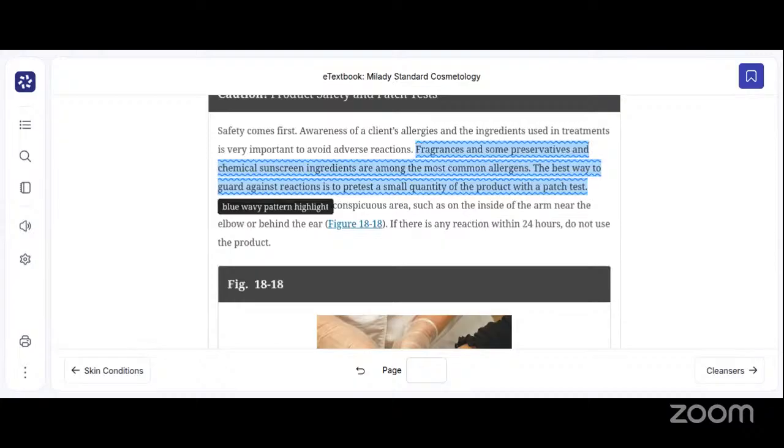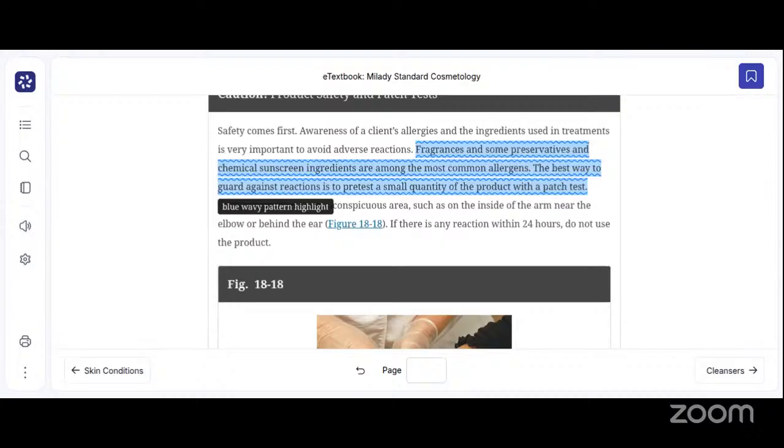You're also talking about choosing products that do not have allergens in them, which means you have to choose a sunscreen that does not have a lot of chemicals that irritate the skin.